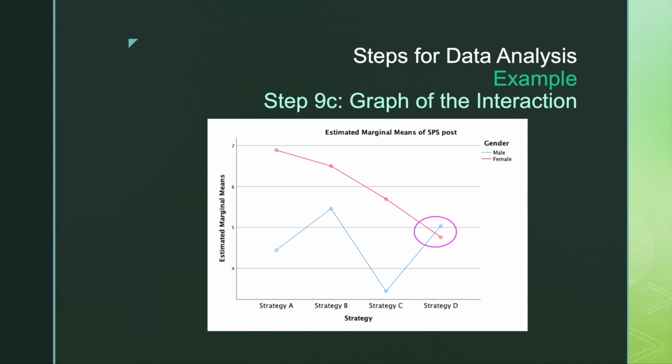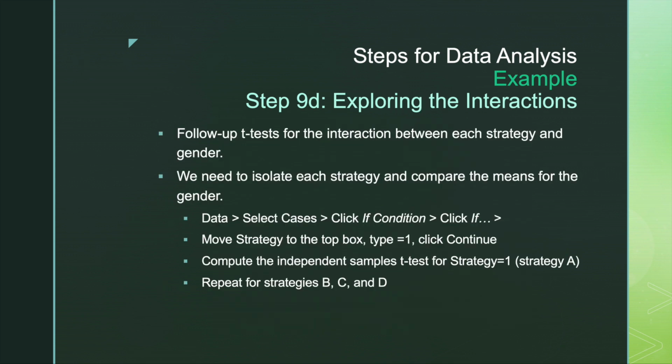And I've added this pink purplish circle here to highlight something, which is that when the lines of the graph are not parallel, which means that they cross, like they do where I have it circled, or they look like they're about to cross, that means that there will be an interaction and that we're going to have to explore this interaction. To explore the interaction, we have to perform a series of t-tests to see exactly where the interaction between strategy and gender occurs.